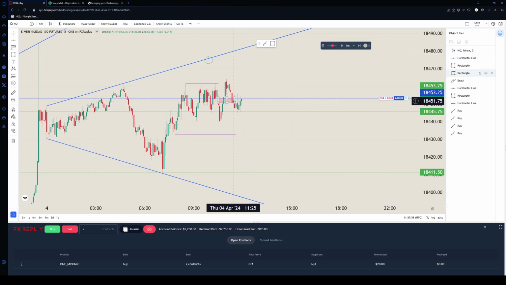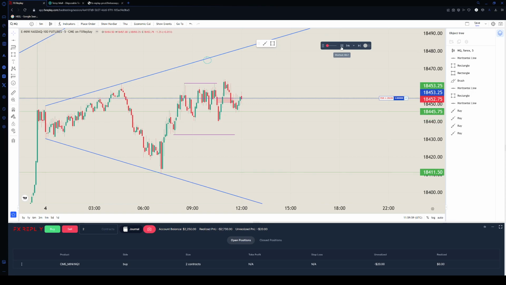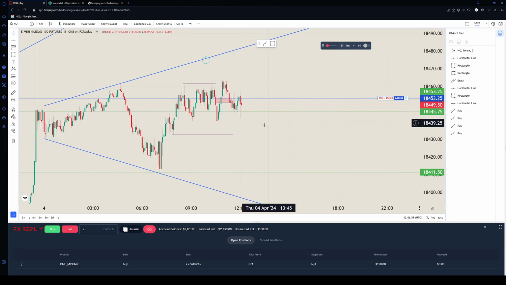Damn, it actually consolidated for 40 minutes. I think this would have been a nightmare trade.